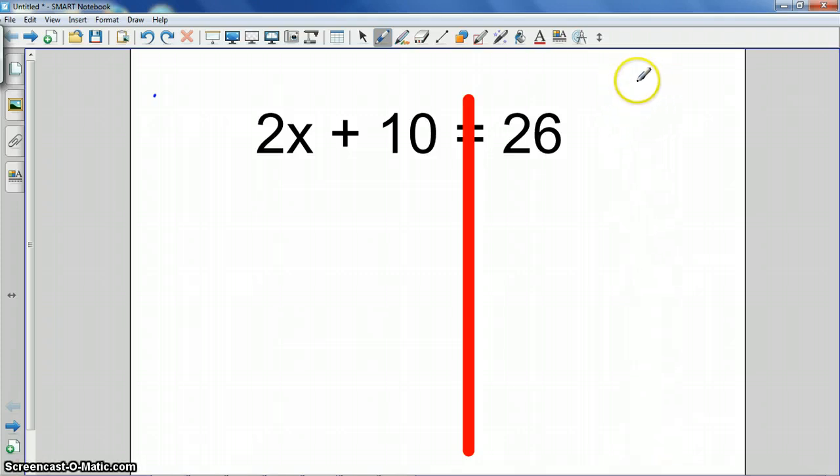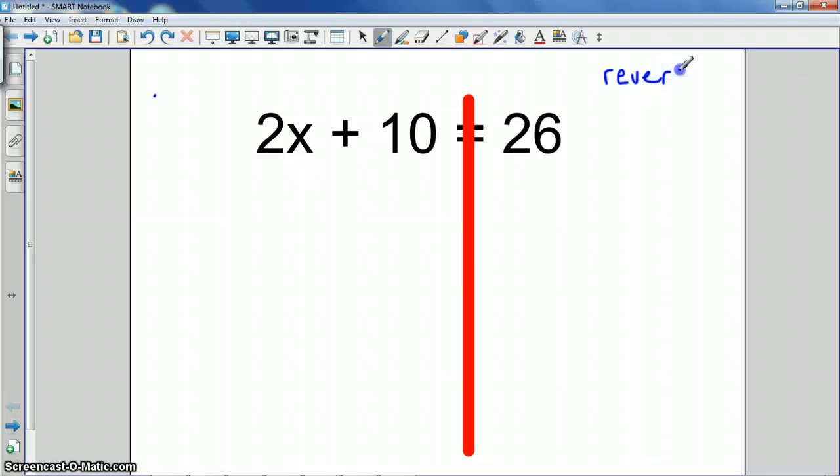Really what you're doing to solve these, since you're kind of taking it apart, if we were adding these and we knew what x was, we would use the order of operations. We would multiply, then add. But since you're actually trying to get rid of this 10, and since you're trying to get rid of this 2, basically get the x by itself, remember that's your goal, just like with 1-step equations, you actually need to unpack this, which means you're going to use the opposite of the order of operations.